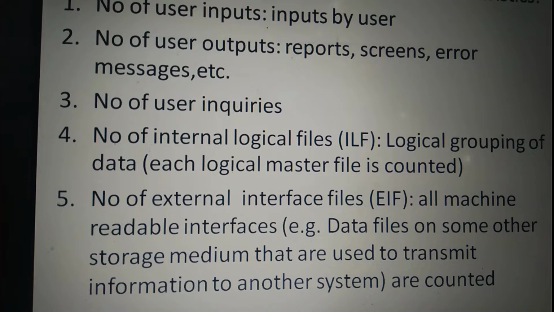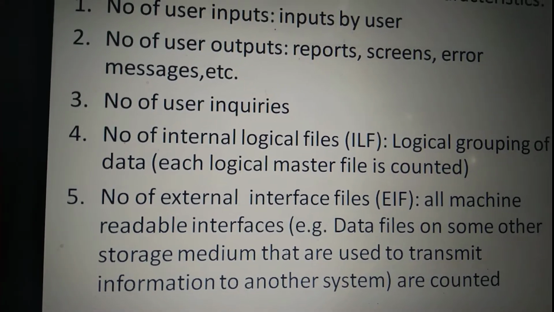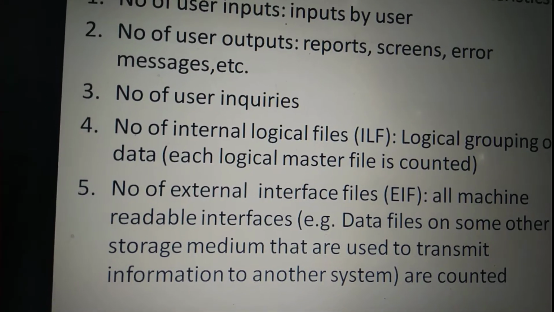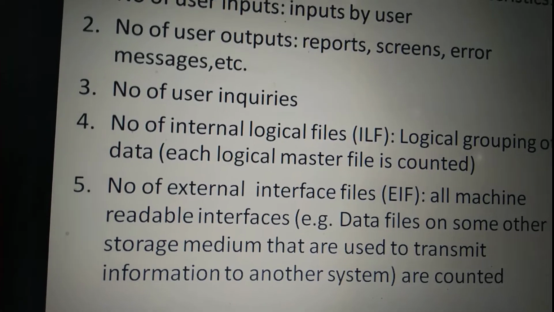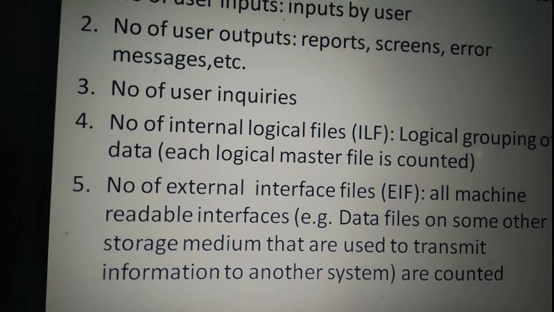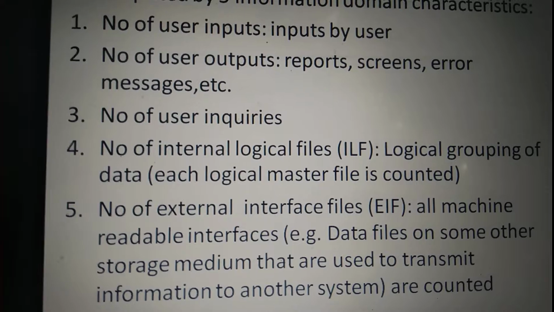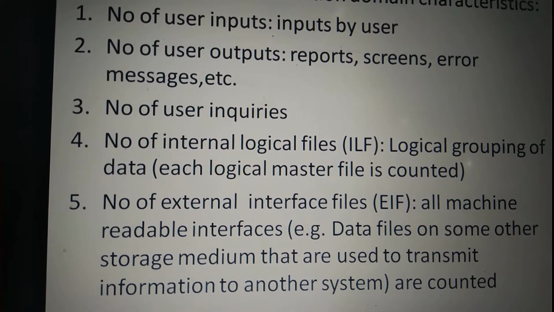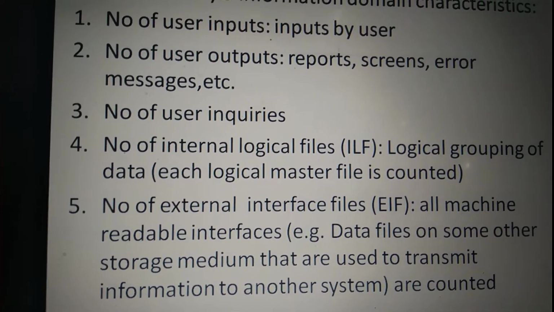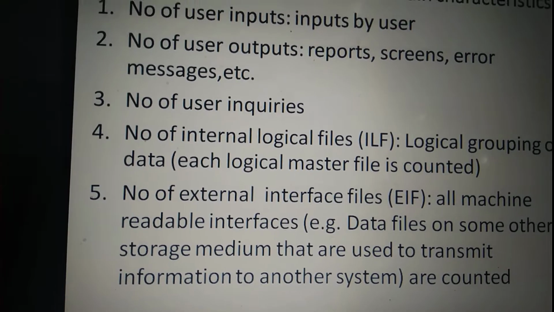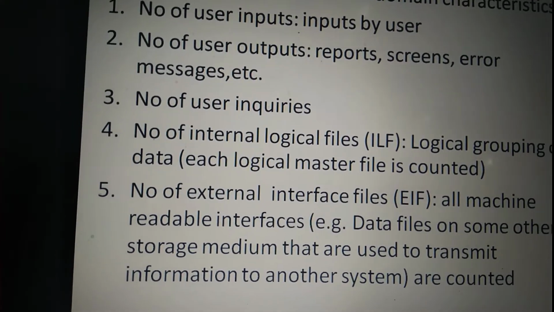Say, for example, if 2 students inquire for books at 2 different times, this doesn't mean that there are two inputs. These are one input only because the inputs are the same.